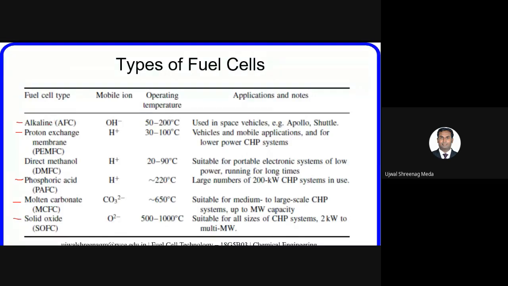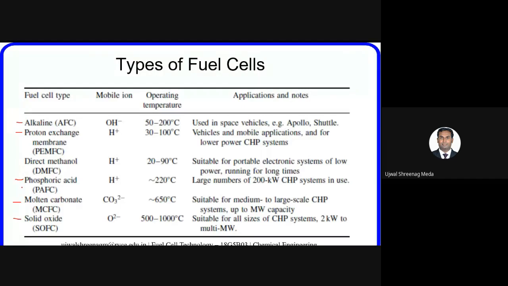Okay, so in the first case, AFC, the electrolyte is a liquid alkaline solution. In the second one, the proton exchange membrane fuel cell, the electrolyte is a solid and it is a membrane.